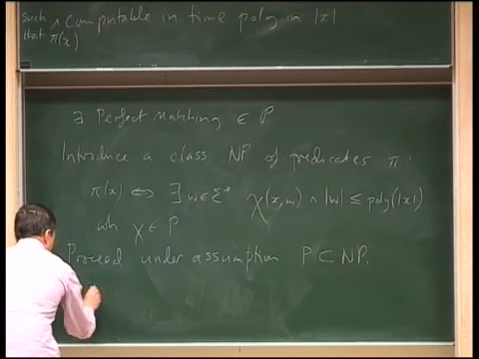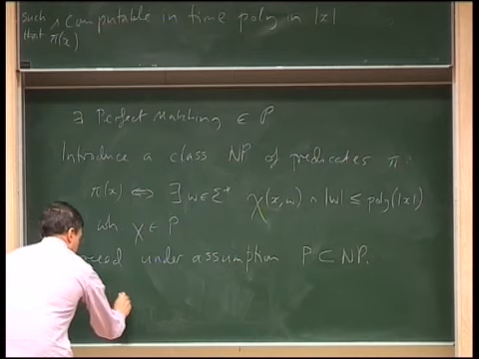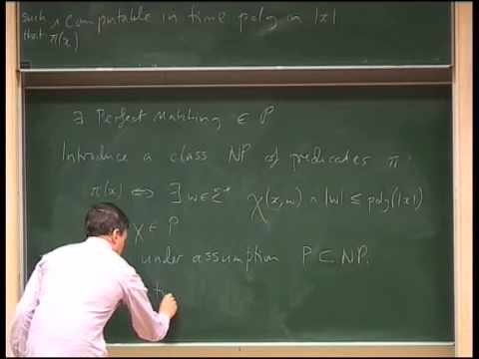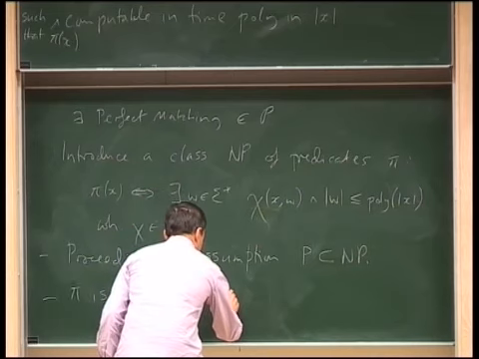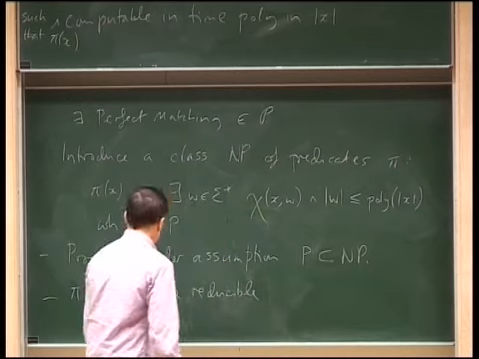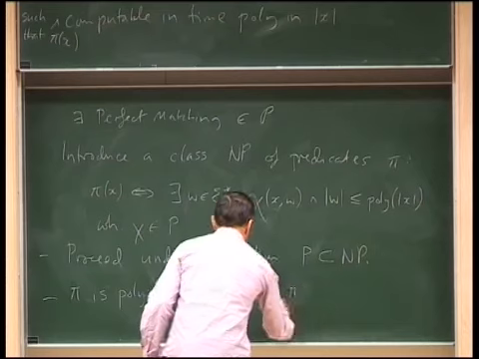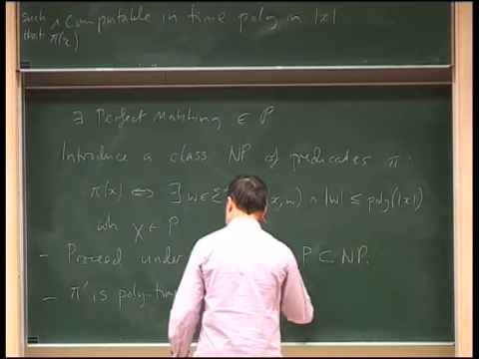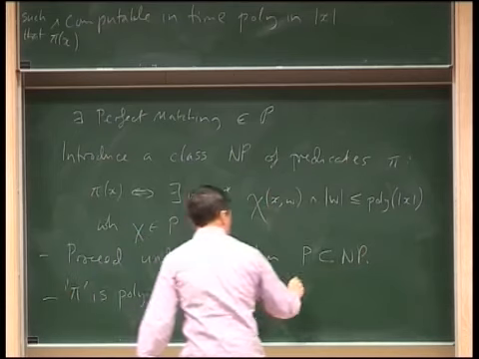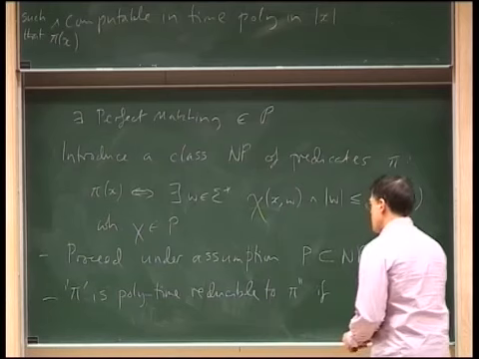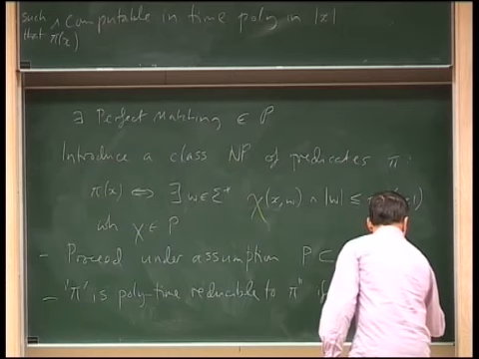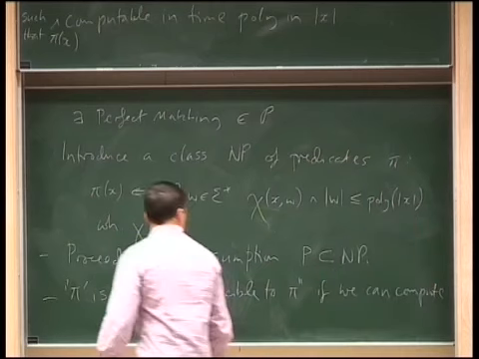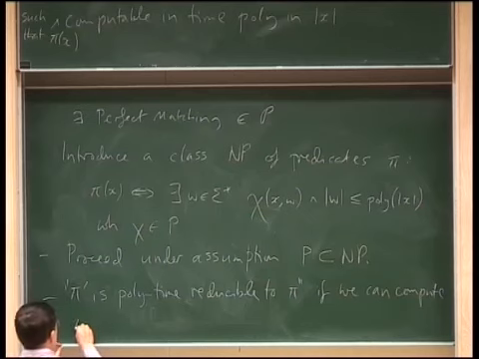We say that pi prime is polynomial time reducible to pi if we can compute pi prime in polynomial time. Again, this is all very impressionistic. We're not going to have precise definitions.